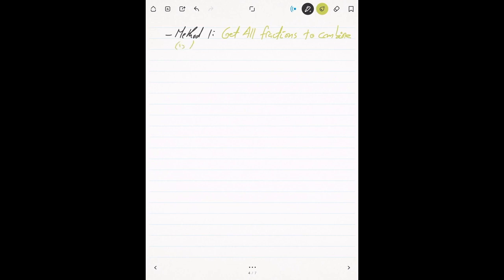Step 1, make common denominators. Once we have common denominators, we can combine the fractions. And when I say combine, I mean add or subtract, do whatever it's telling you to do.